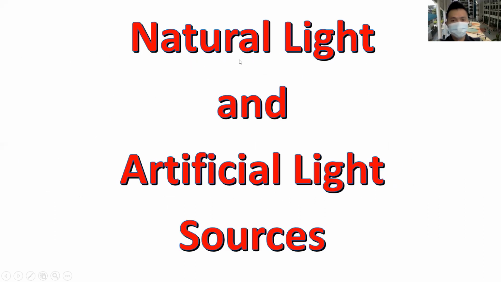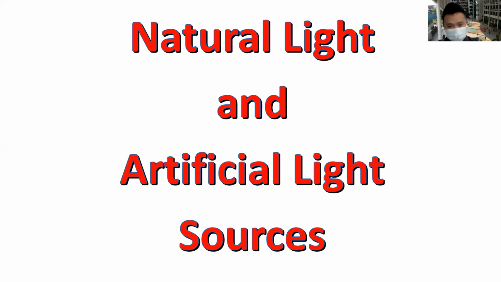So let's focus on the natural light and artificial light sources. So what is natural light? Natural light sources are all natural from the surroundings. No one is creating them. What about the artificial?